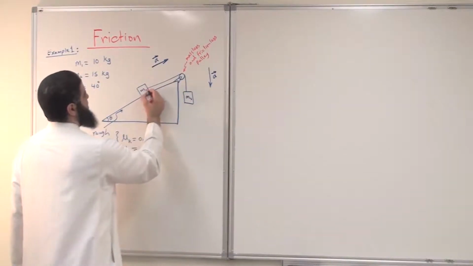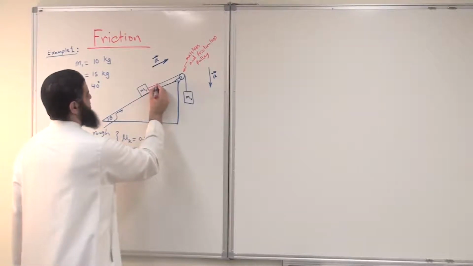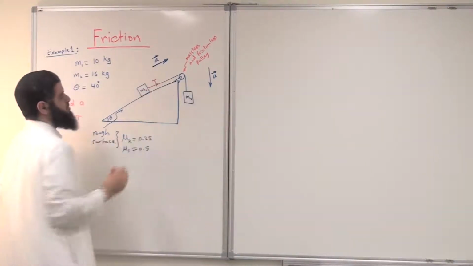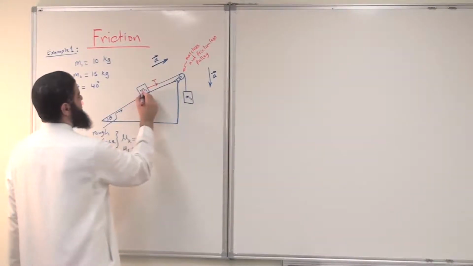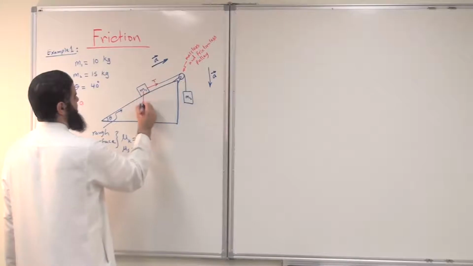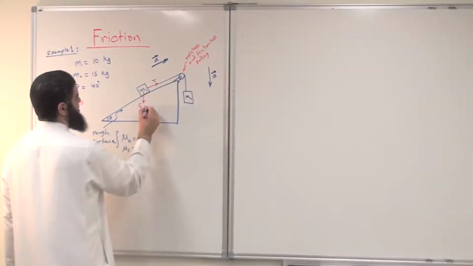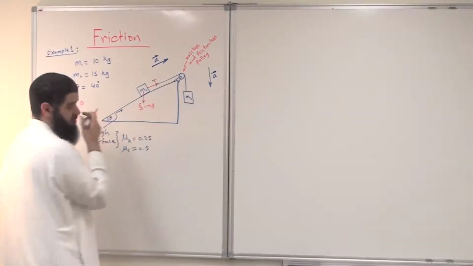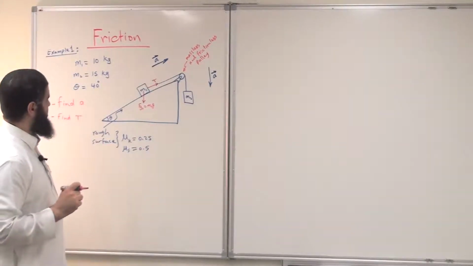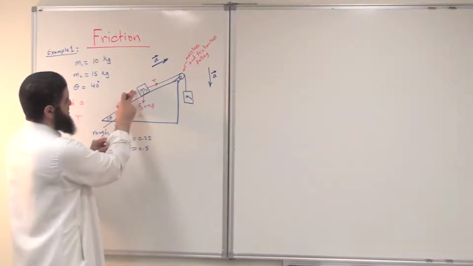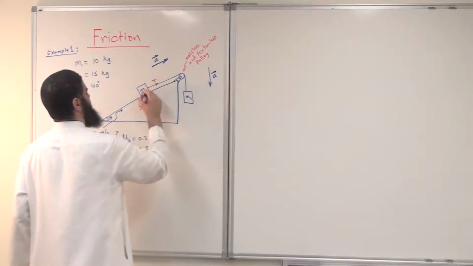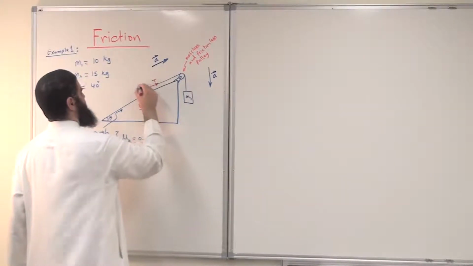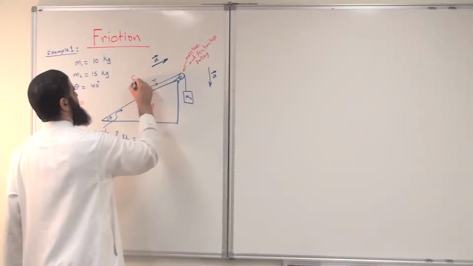Here we have tension. So the tension is pulling M1 to the right. We have the gravitational force, which is always vertically downward. So this is Fg1 equals M1G. What else? This M1 is lying on a surface, so the surface is pushing it upward with the normal force, and we call this Fn.